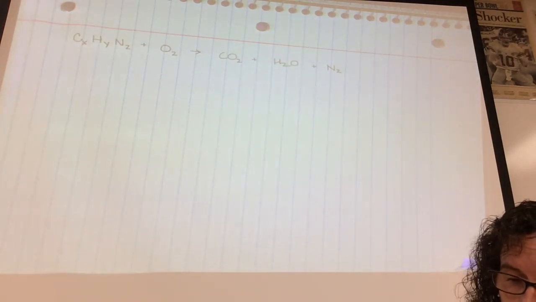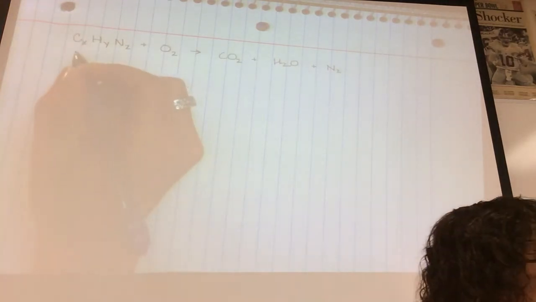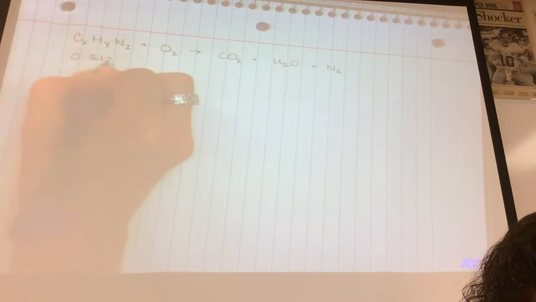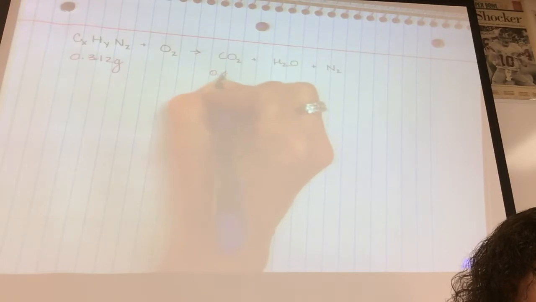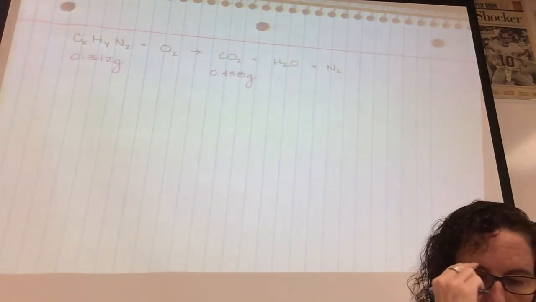In terms of the information provided, what you've got here is the 0.312 gram sample yields 0.458 grams of CO2.